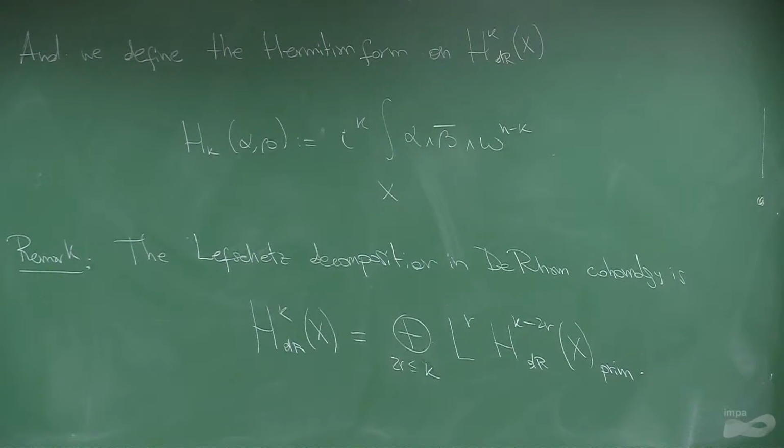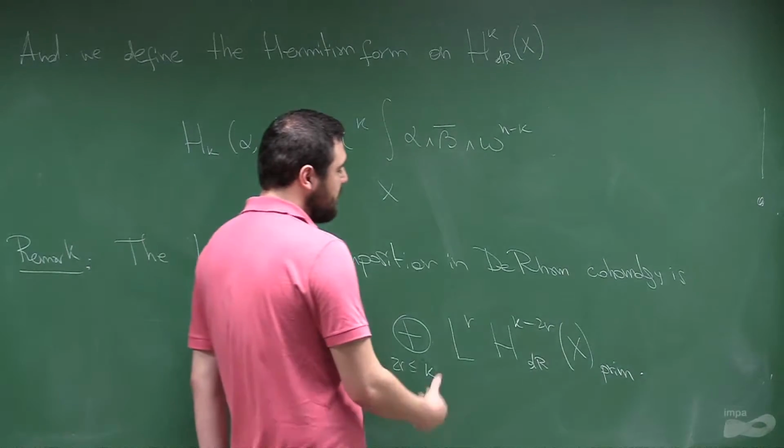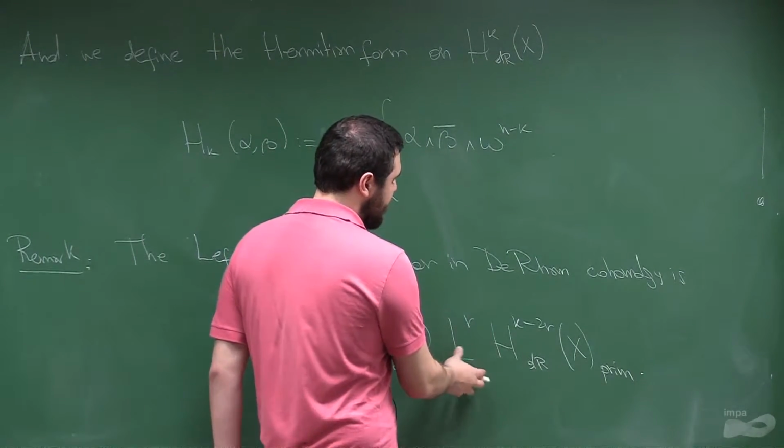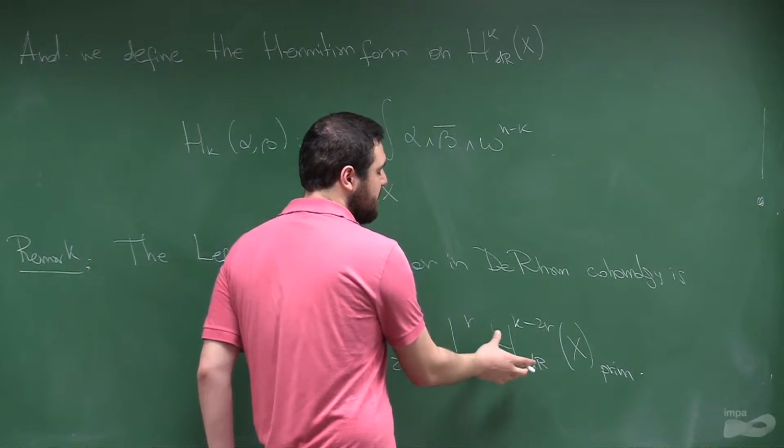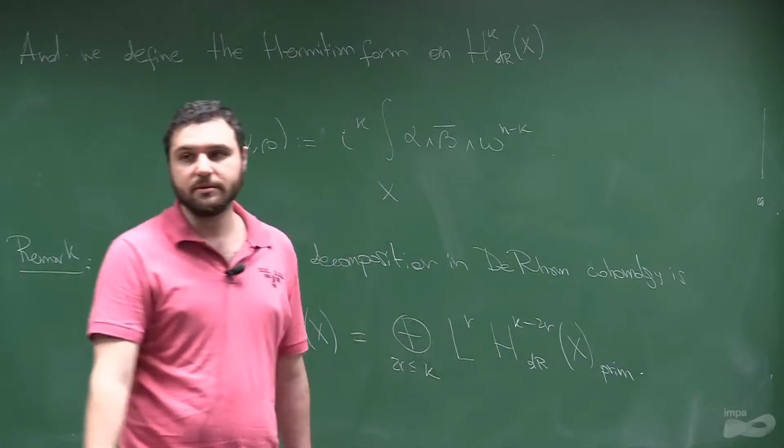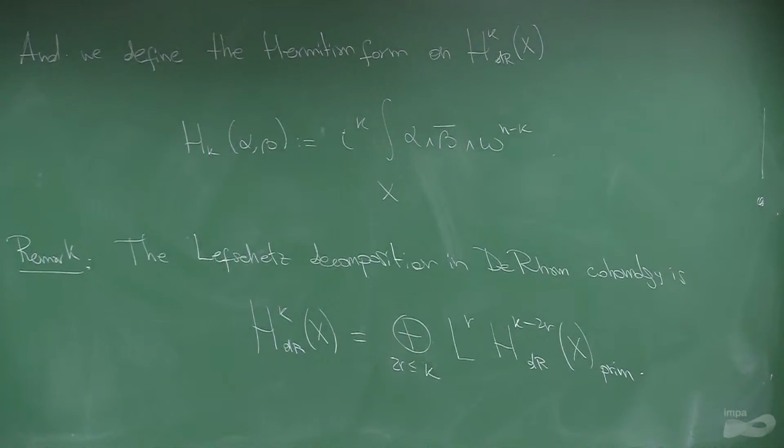So now we will see how this metric, this H_k, behaves with respect to this Lefschetz decomposition, and then we will check how it behaves with respect to the Hodge decomposition on each piece of the Lefschetz decomposition. Okay, so the first proposition.